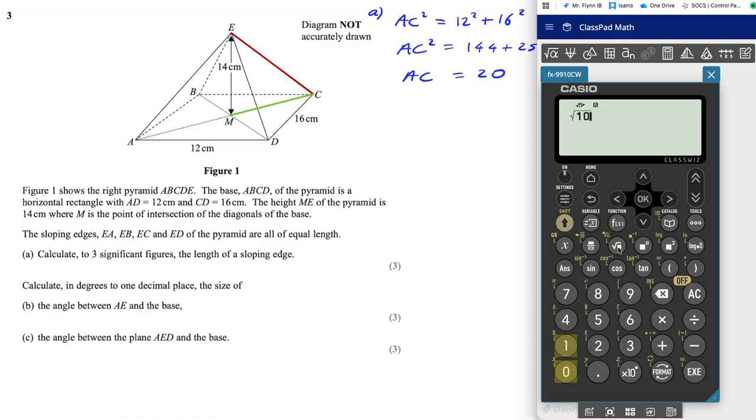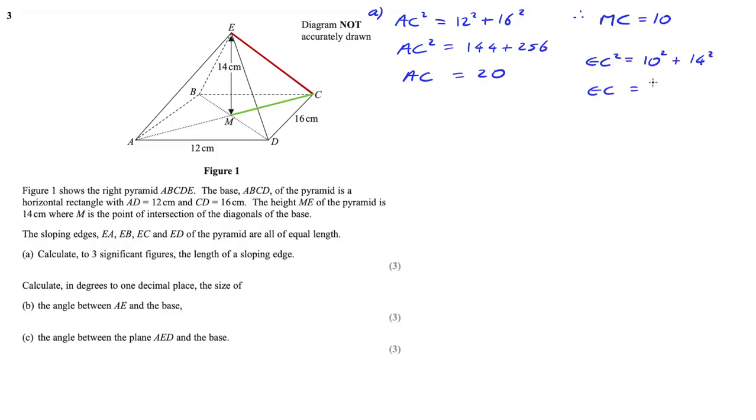He wants it in decimal form, so it's 17.2 to 3 significant figures, 17.2. Okay, part B.